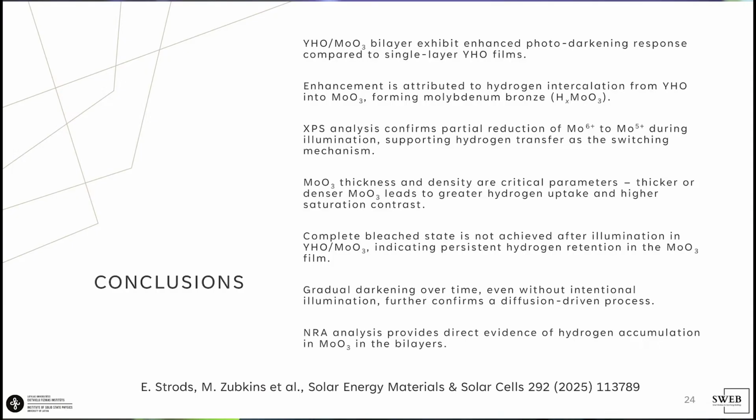If we make the molybdenum films thicker and denser, after longer illumination we will get higher contrast. But the films do not recover to their initial states because it's hard to recover molybdenum bronze.